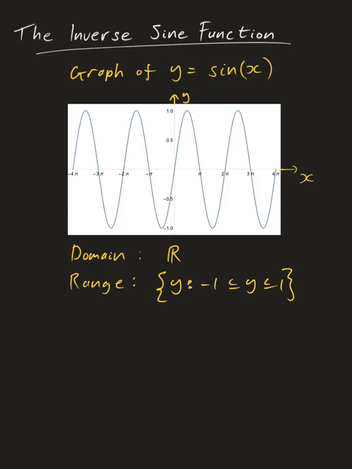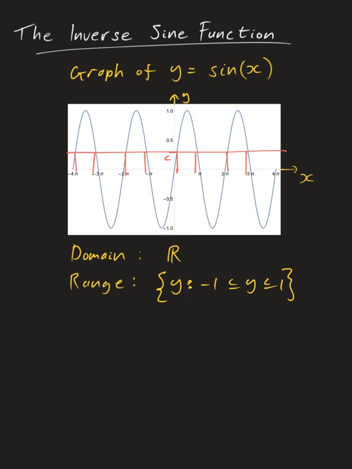If we pick a y value, let's just call it c, you can see that for this value c, here about 2.5 or something, if we look across, there are actually many values of x for which f of x is equal to c. So you have one here, one here, one here, and so on.